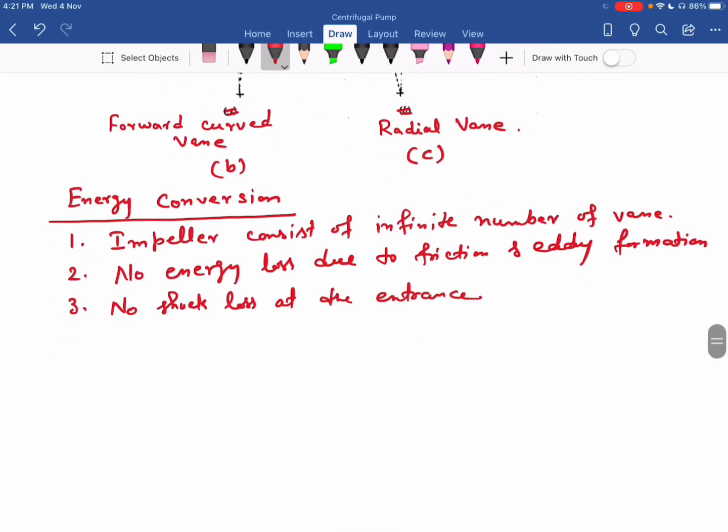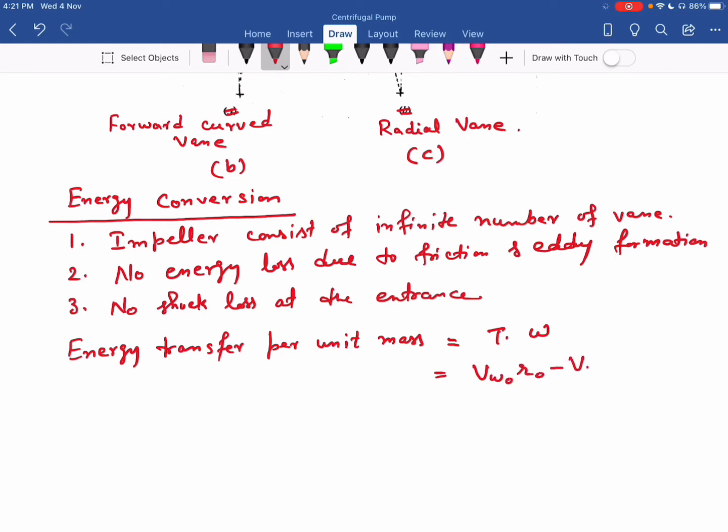So now I can write the energy transfer per unit mass. That I can write as torque into omega. So my torque is VWO RO minus VWI RI, into omega, or I can write it as VWO UO minus VWI UI.